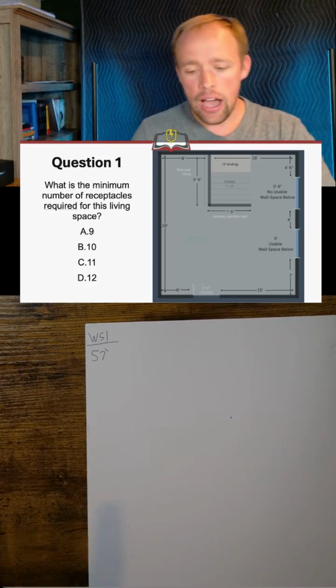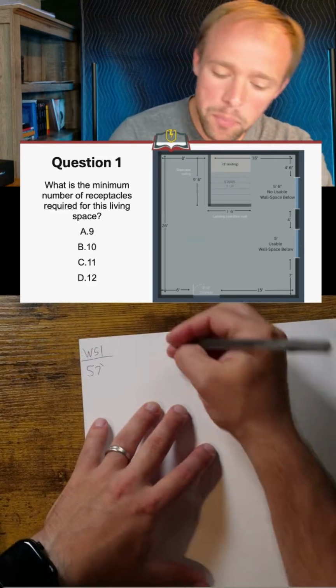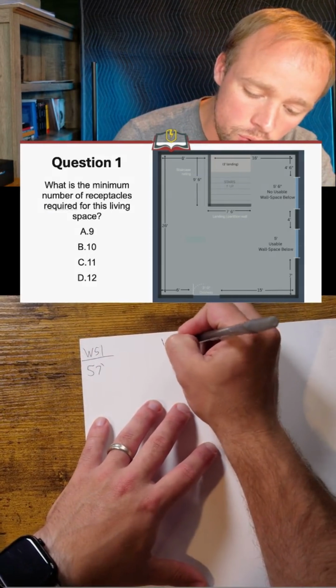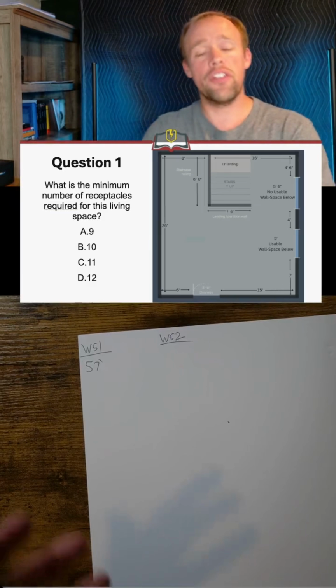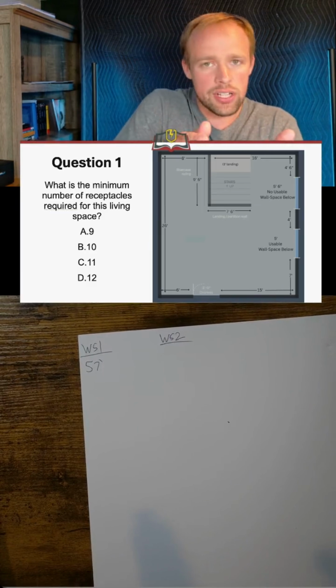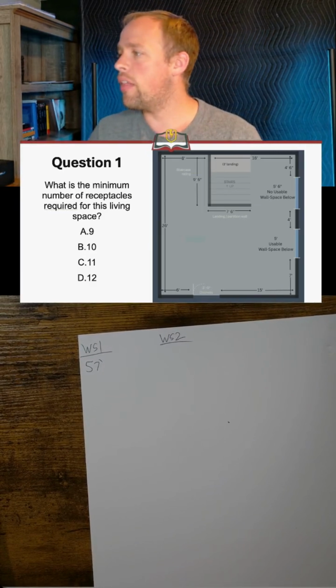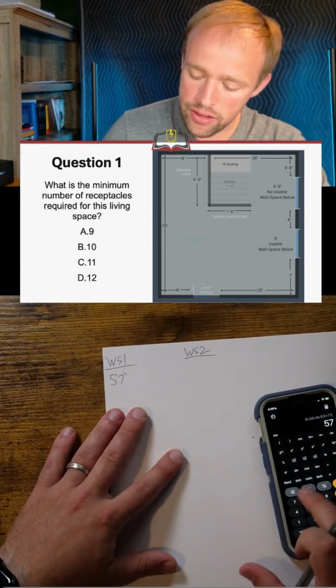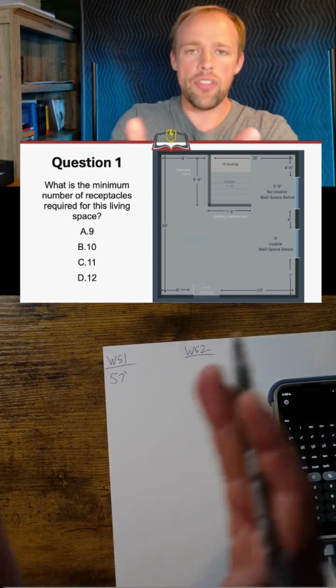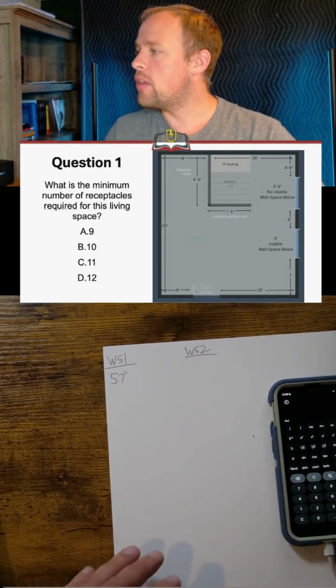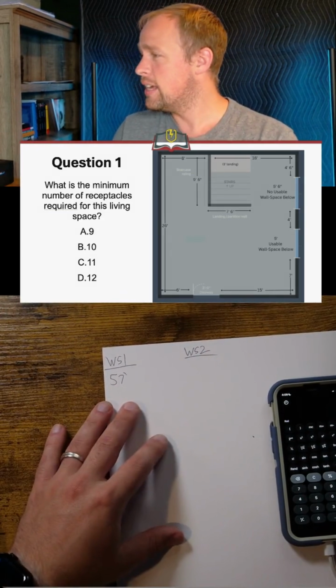So now I have wall space 1. Let's do wall space 2. Wall space 2 starts on that 3-foot landing. Like what Richie said, that 3-foot landing is also wall space. So it starts on the other side of that railing. So it's 16, let me get my calculator, right? It's a 16-foot wall space from the railing on the landing to the corner, and then we have 4.5 feet, and then we hit a window.